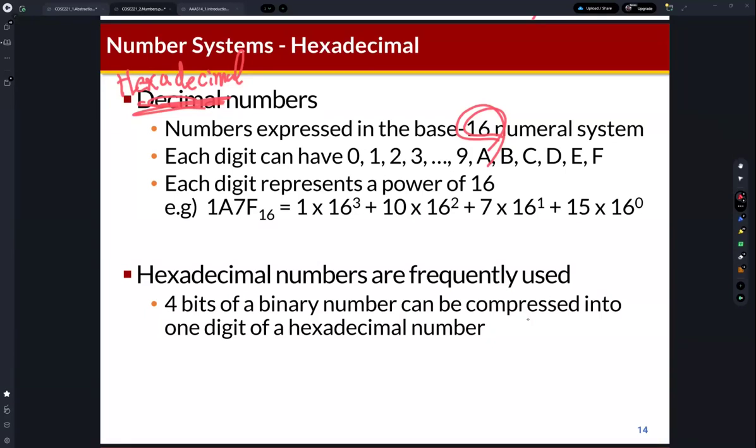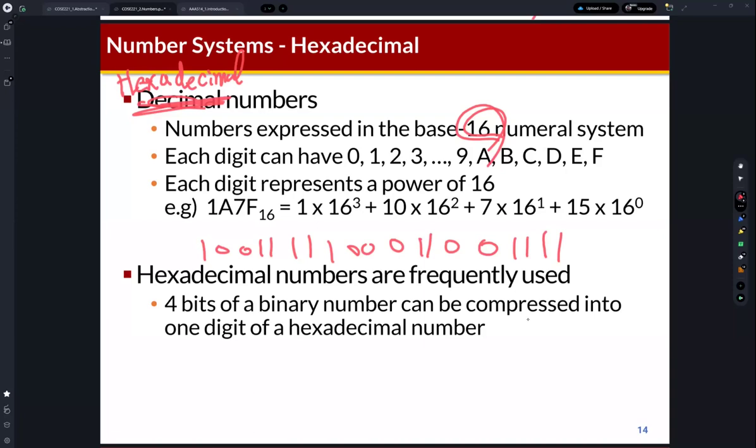Many digits, okay? So the problem is that in the binary number system, a large number requires a large number of digits, like 1 0 0 1 1 1 1 1 0 0 0 1 1 0 0 1 1 1 1, something like this. So in order to reduce the number of digits, we frequently use hexadecimal numbers.